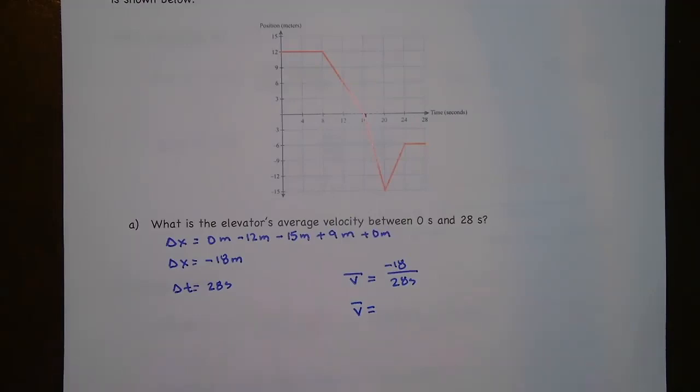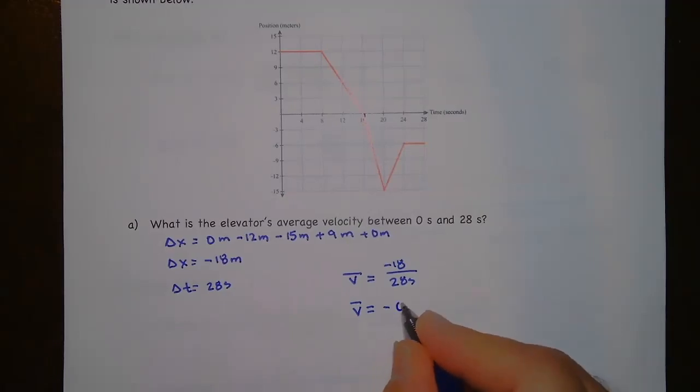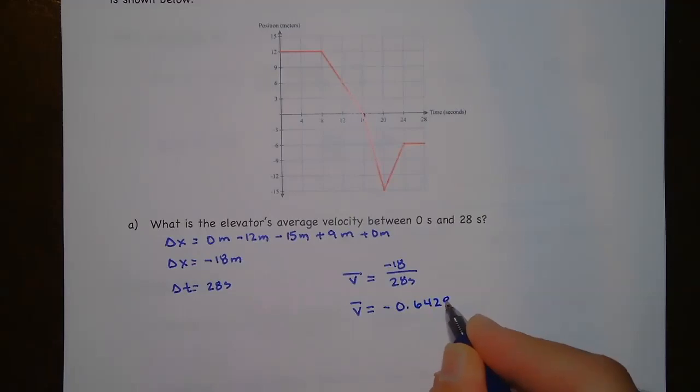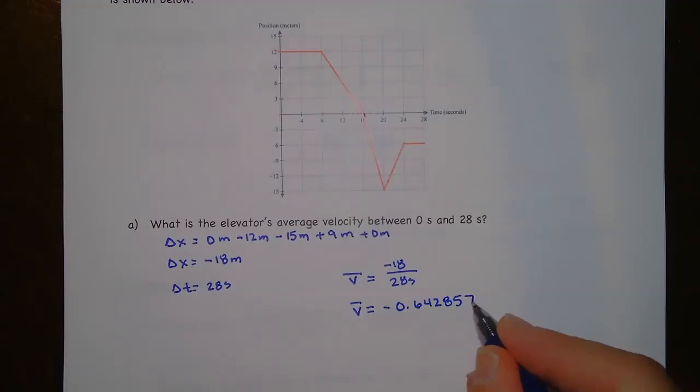So I'm going to take negative 18 and divide by 28, and I get negative 0.64285714.